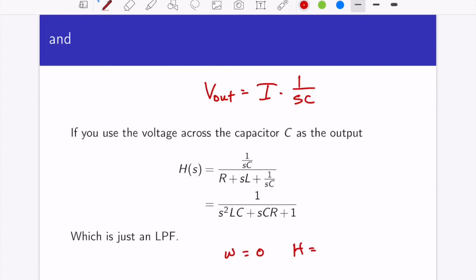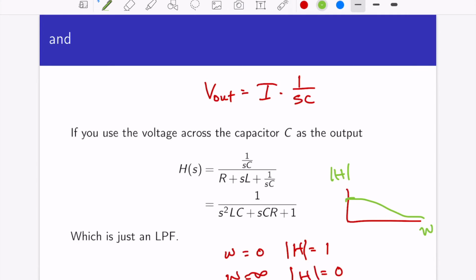The magnitude of H is equal to 1. For omega approaches infinity, we have 1 over infinity squared, which means it's going to approach 0. Okay, so sketch that out. That means at 0, we have H is 1, and then at infinity, we go to 0. So that's a low-pass filter.